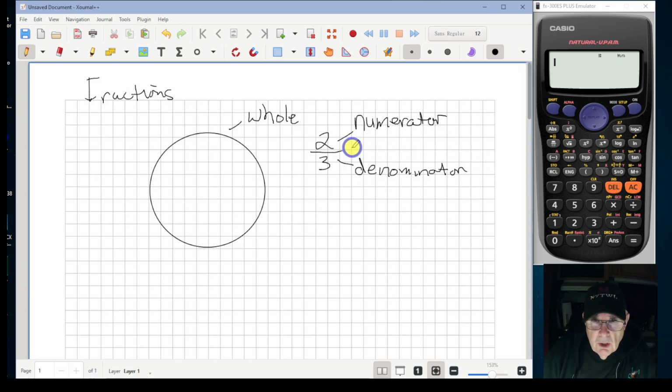And there's this all-important line in the middle, and it has a proper name, vinculum, but let's just call it the fraction bar. It actually is the operator for division. This means 2 divided by 3. That's why I say a fraction is not exactly a number. It is a pending math operation.